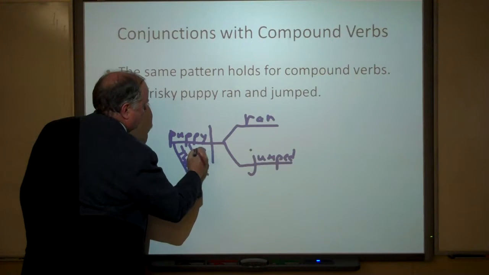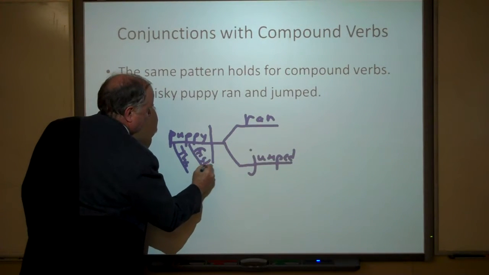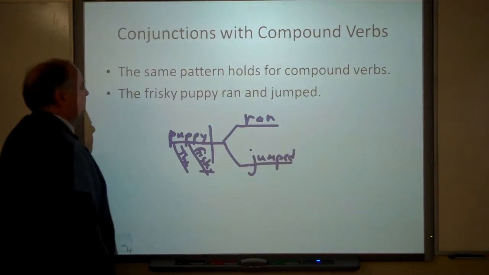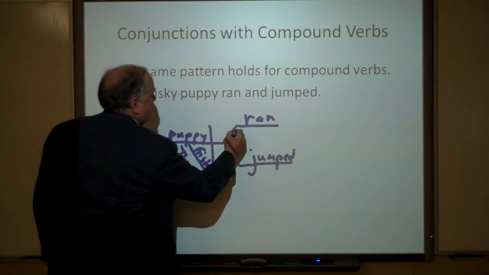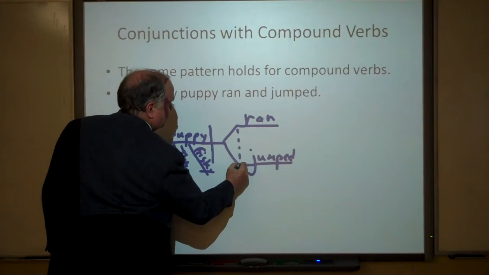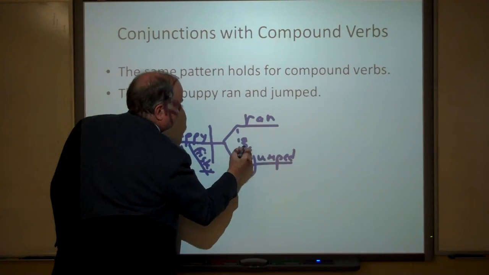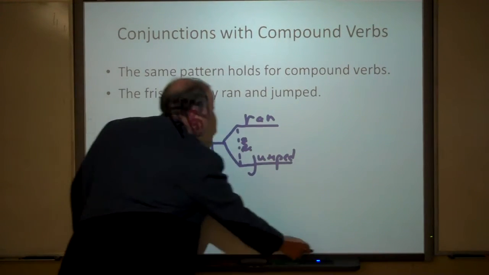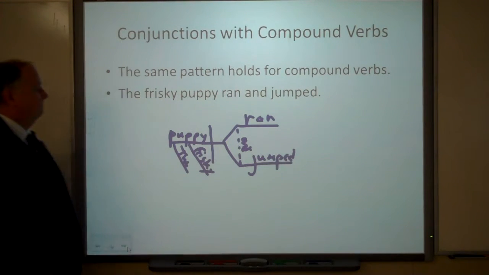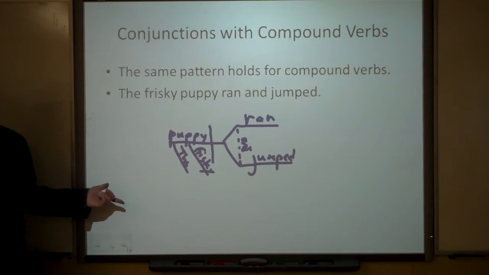The and frisky modify puppy, and then the conjunction goes on a dotted line connecting the two parts of the verb, ran and jumped. Okay, see the pattern.